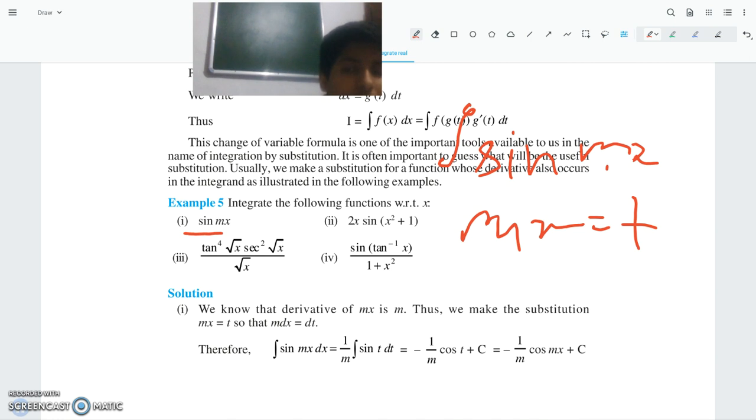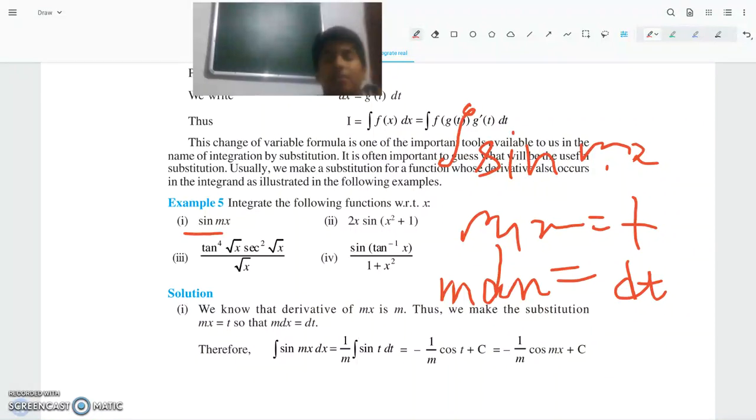Then mx equals t, and m is constant, so differentiating we get m dx equal to dt, meaning dx would be equal to dt upon m.